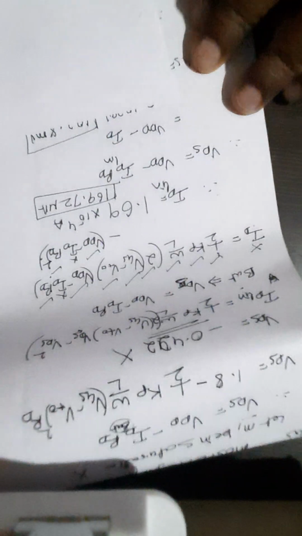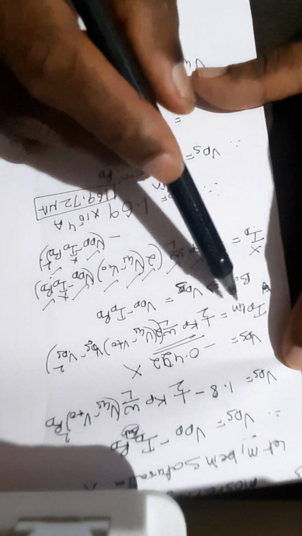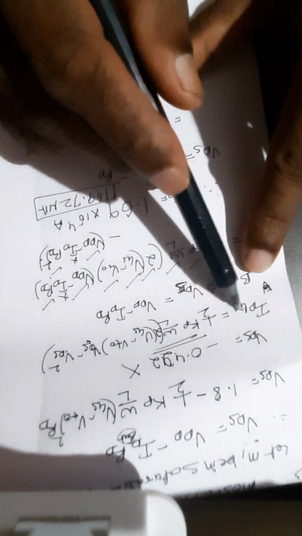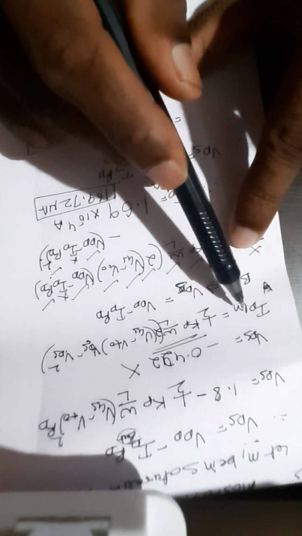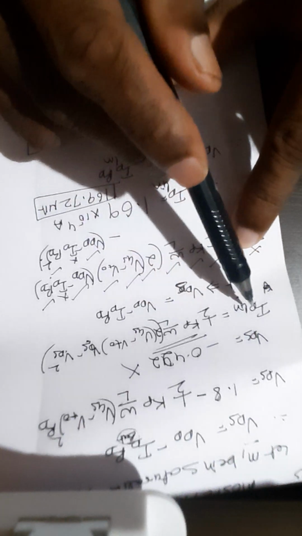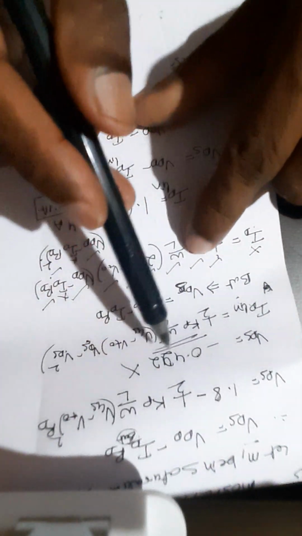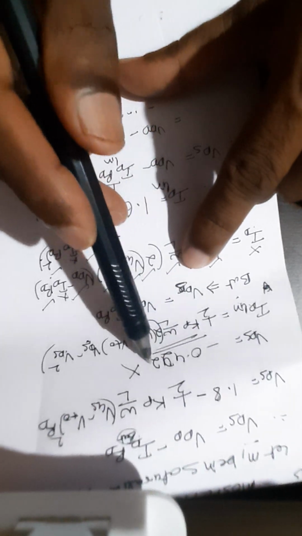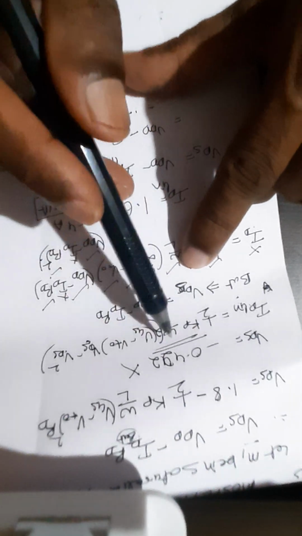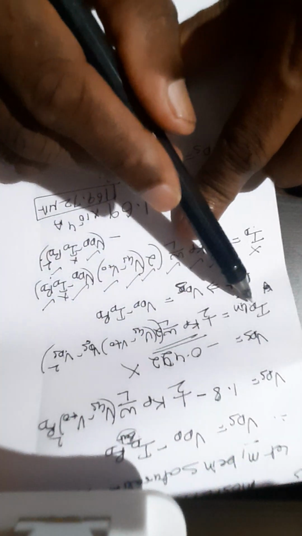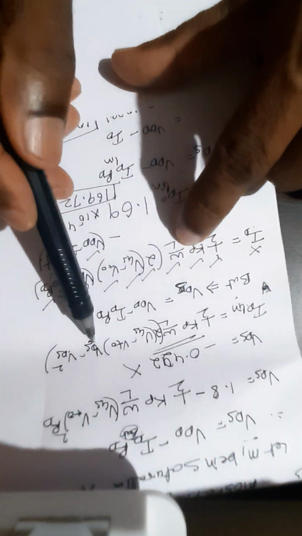So what is interesting to see is how do we find the value of ID, because ID is not known immediately. So to find the value of ID, when we assumed it as linear, the VDS is coming out to be negative, which you cannot take as a valid answer. So then to find ID linear, you don't know what is VDS.